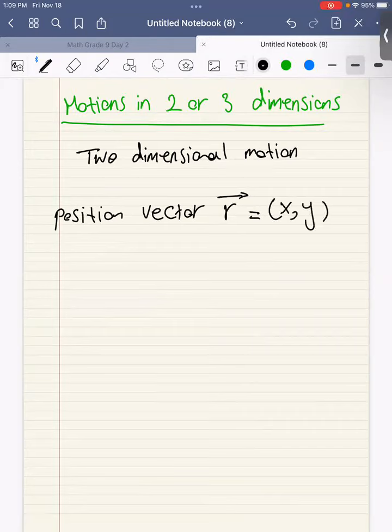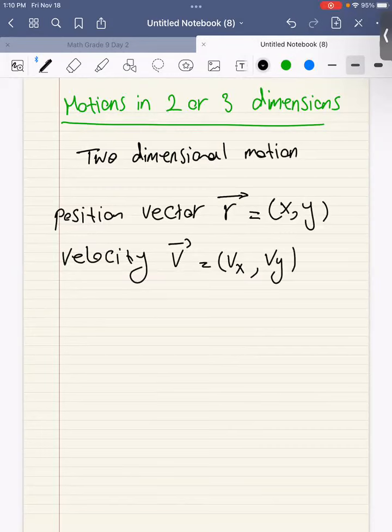We have the same thing for velocity and acceleration. The velocity v is also equal to vx and vy, the xy components.